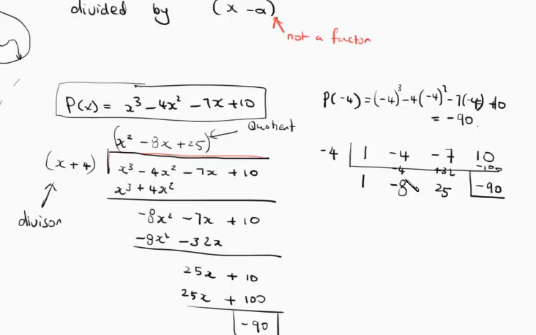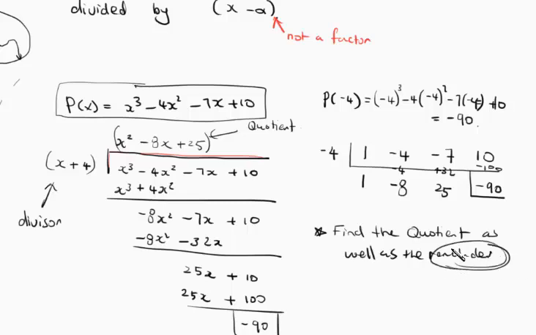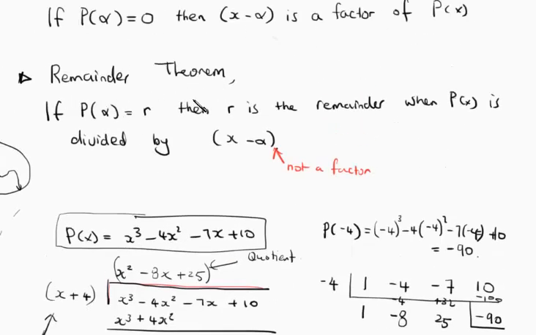The point of doing the division is to find the quotient as well as the remainder. Understand? But if you just want the remainder, you can plug in, and that's what this remainder theorem is saying. If you plug in alpha, you get r, which is the remainder when it's divided by x minus alpha. Of course, if r is not 0, this is not a factor.